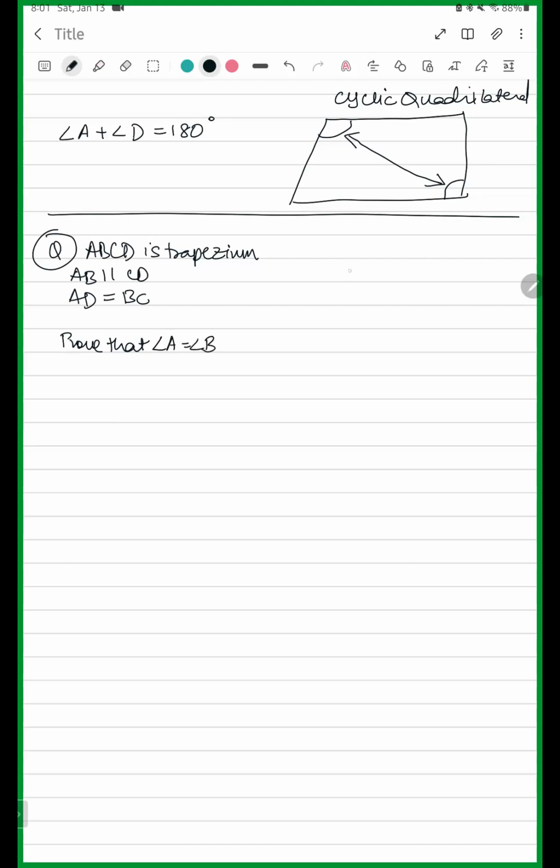So you must have done it, but let's revise it quickly. A, B, C, D. This is equal to this. So in this, we need to do a construction.